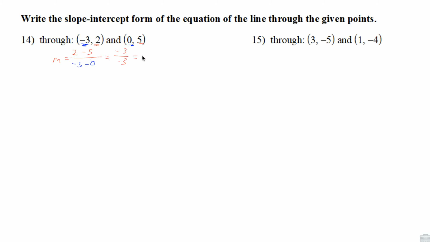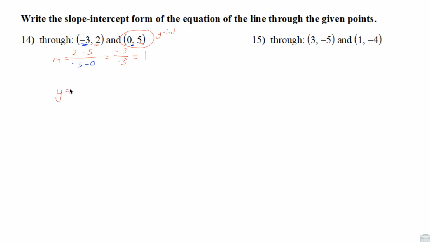So that's handy. The slope is just 1. Now put it in slope-intercept form. You'd be wise to use this point here because this is actually just the y-intercept. So when x is 0, that gives us the y-intercept. So really we're ready. We have the slope, which is 1.